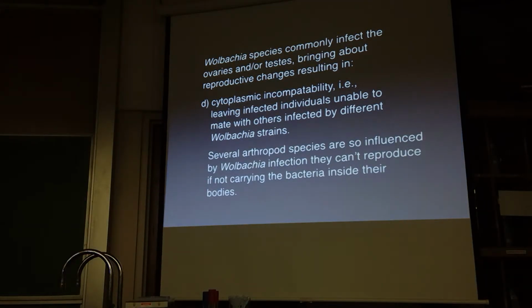And this is talking about several arthropod species that are so influenced by Wolbachia, they can't reproduce unless they have Wolbachia. So it was a parasite, but then, as I said, when you have symbiotic relationships, the most common type of symbiotic relationship is mutualism. The Wolbachia are benefiting, and apparently they've changed the population of the arthropods to the extent that they have to have the Wolbachia or they can't reproduce.